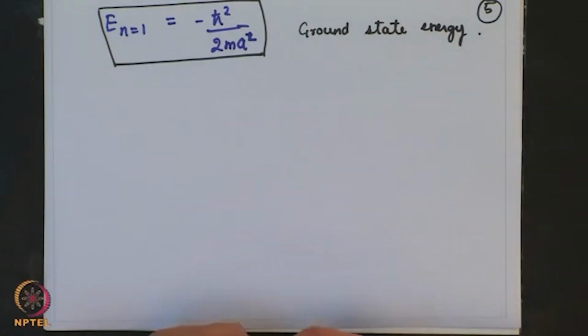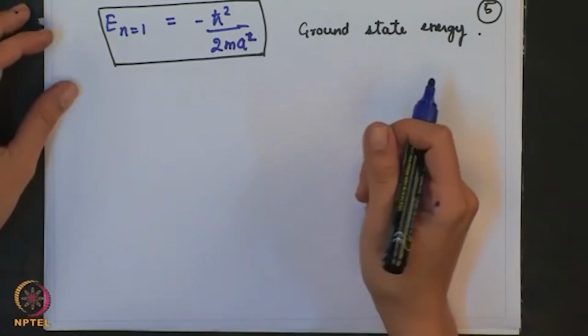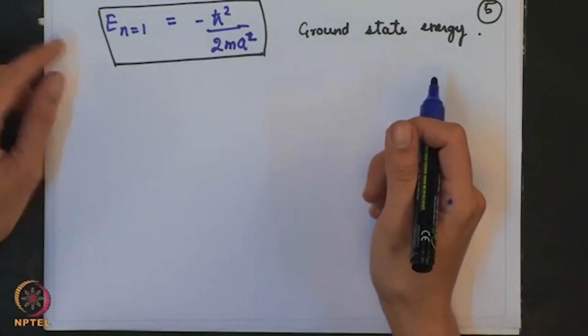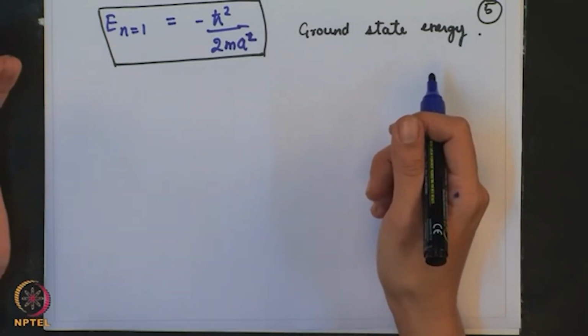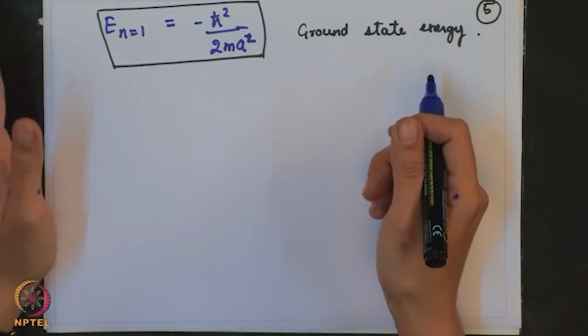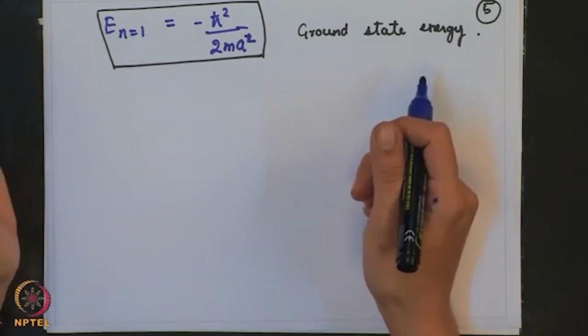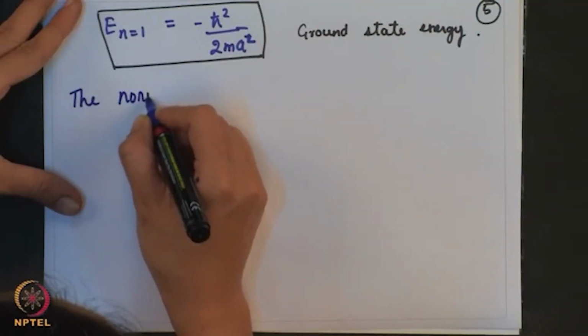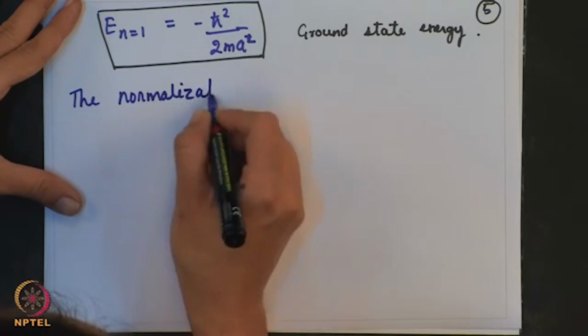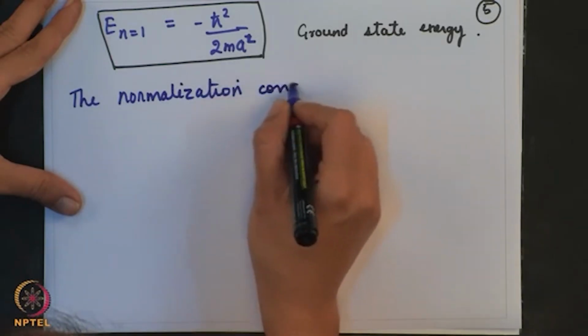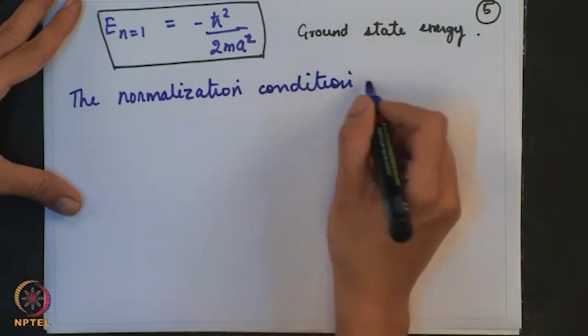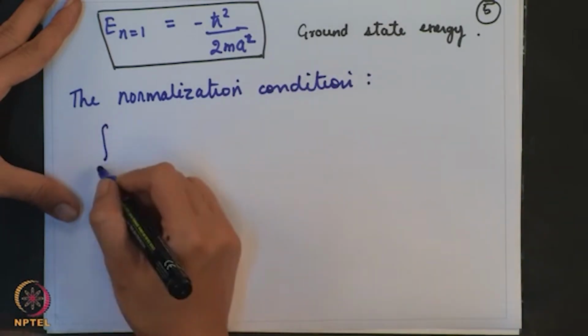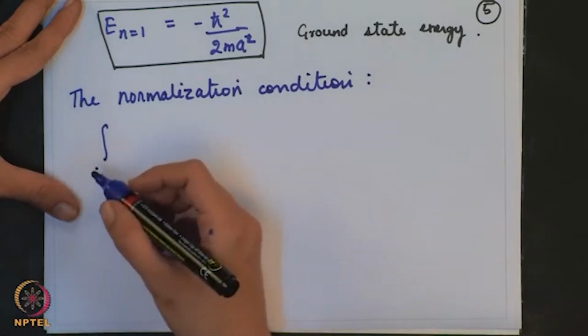Fine. Now, we have obtained the ground state energy, we have obtained the value of small a, we have to obtain the value of capital A. Capital A is a normalization factor, which we can obtain by using the normalization condition, that is the integral over r, theta and phi.